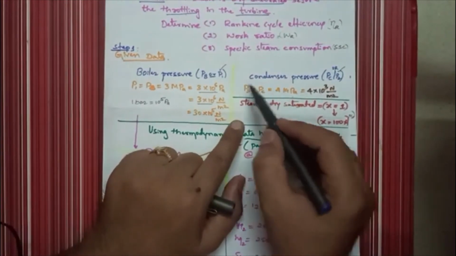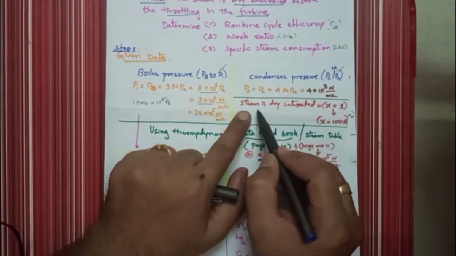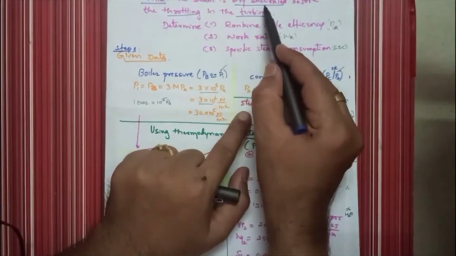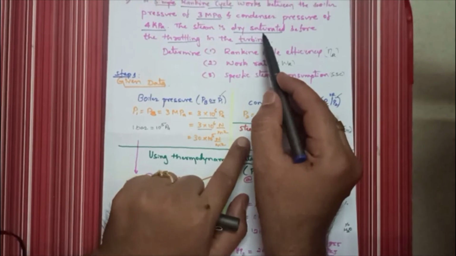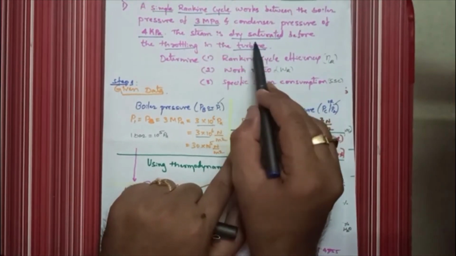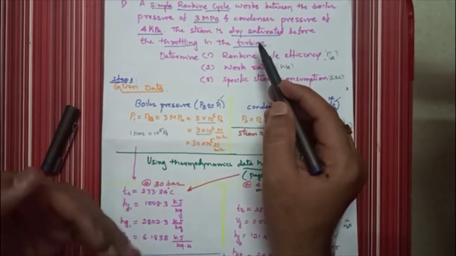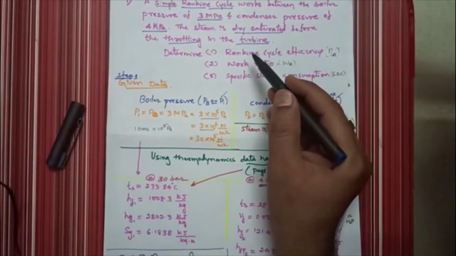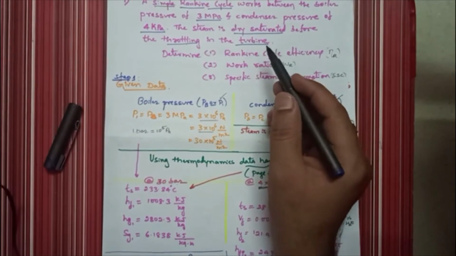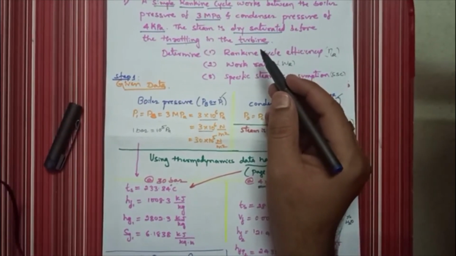Okay, and one more data. This is one data, second data. Third data, what he has given: steam is dry saturated. Steam is in dry saturated condition. There are three conditions, three qualities of steam at inlet to the turbine that we discussed. Which are those points we discussed?